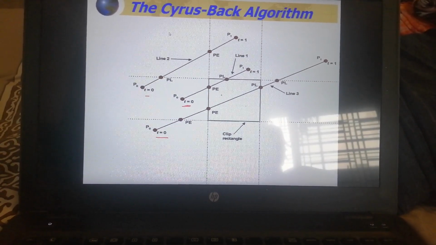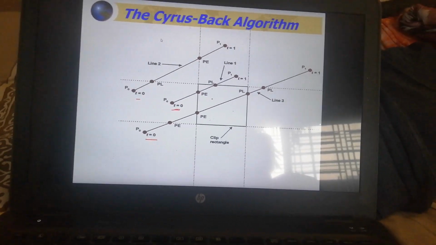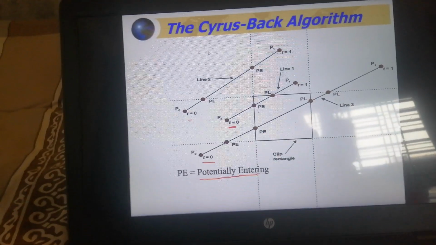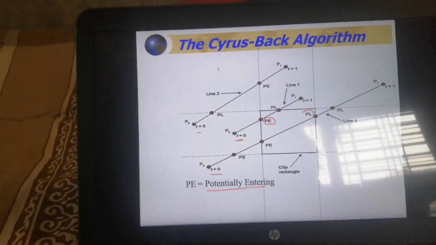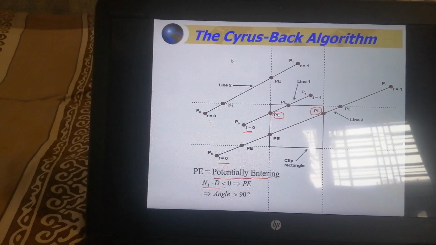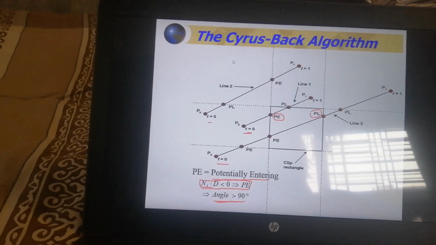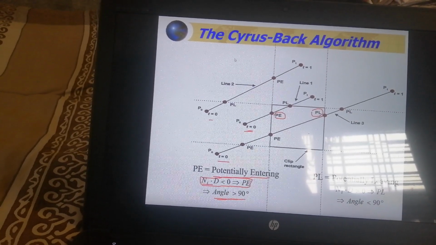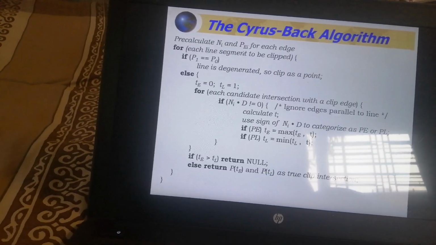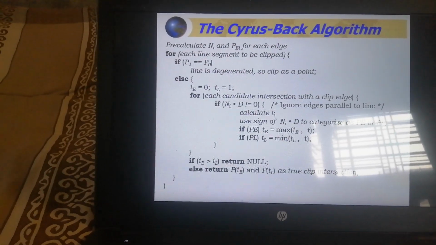So this is how we can be sure that it touches the boundary. So this is the potential entering, it means we are entering, and this PL is potential leaving. When this equation is satisfied, and for angle greater than 90, and potential leaving, whenever we find this, we can say this is the potential leaving. Clear? So this is the algorithm for that.